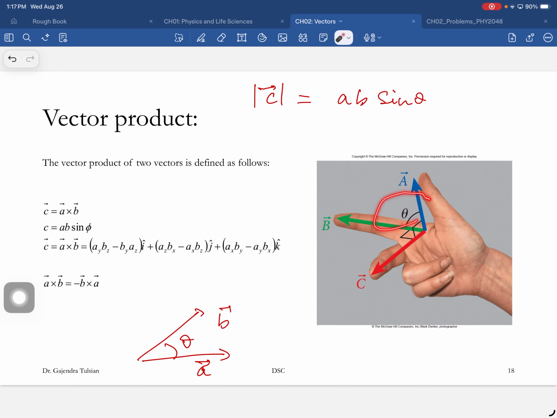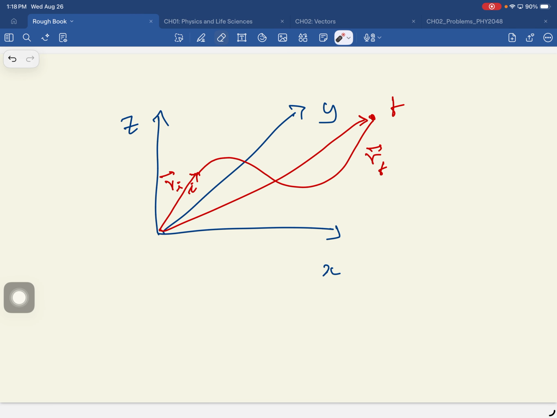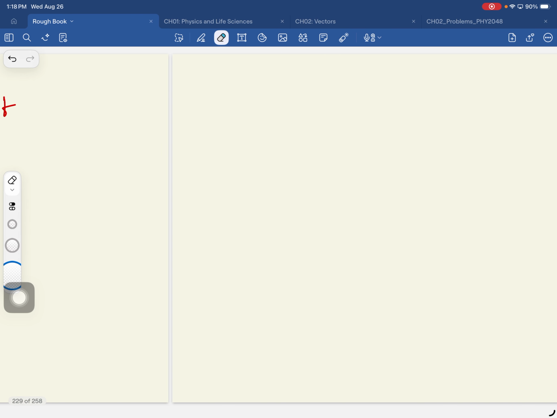All right. So you have the formula for the magnitude. You know how to figure out the direction of C. Now let's give you the vector form of C. Here's how you remember it. I'm showing you one way of doing it.